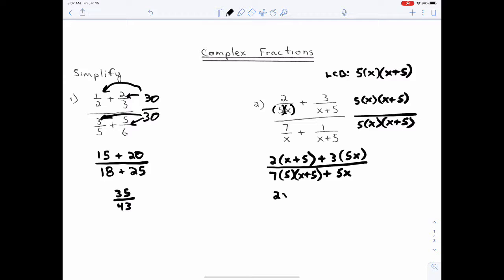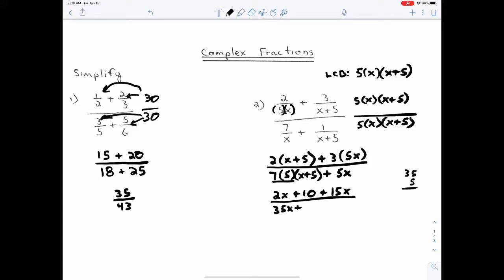So we have 2x plus 10 plus 15x, all over, that's going to be 35 right there. So I'm going to distribute 35. So that's 35x. And then 5 times 35, you might have to do this off to the side if you can't do it in your head.